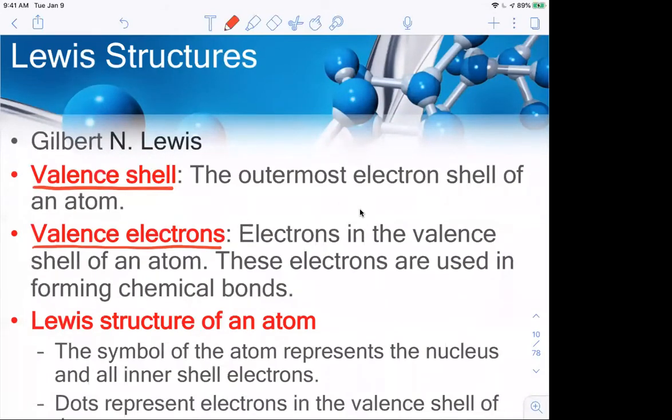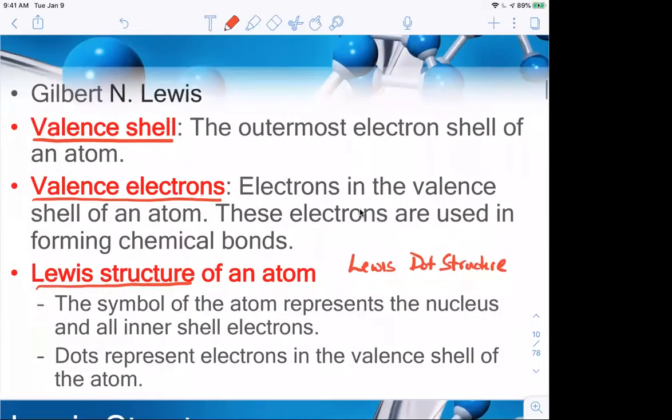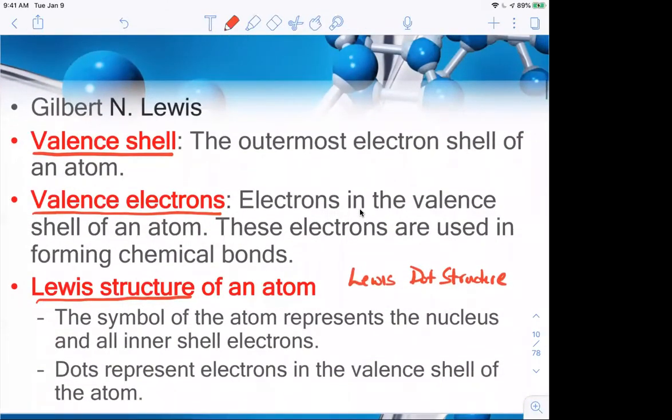Now, the Lewis structure, or the Lewis dot structure, is where I have a symbol of an atom that includes representing the valence shell electrons by dots. The symbol of the atom itself represents the nucleus and all the inner shell electrons.